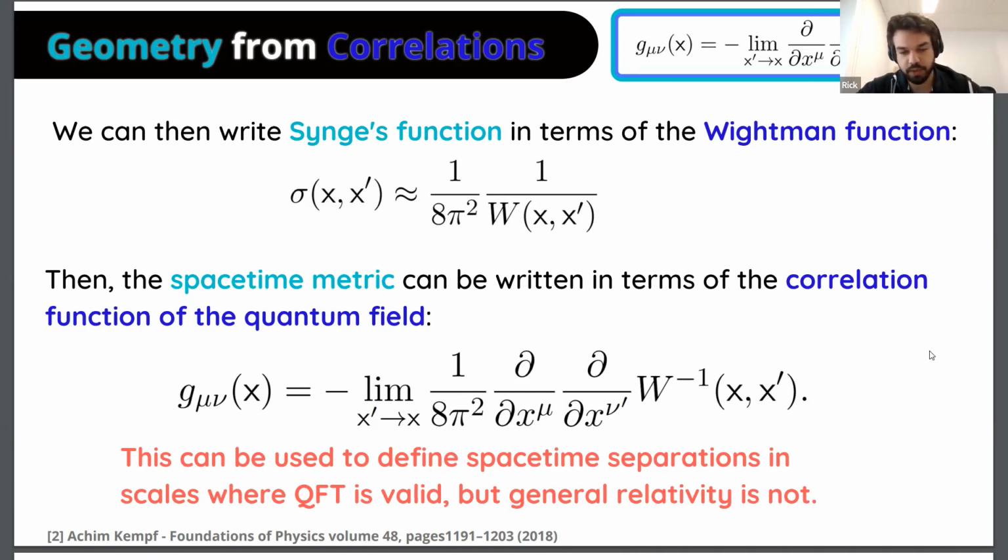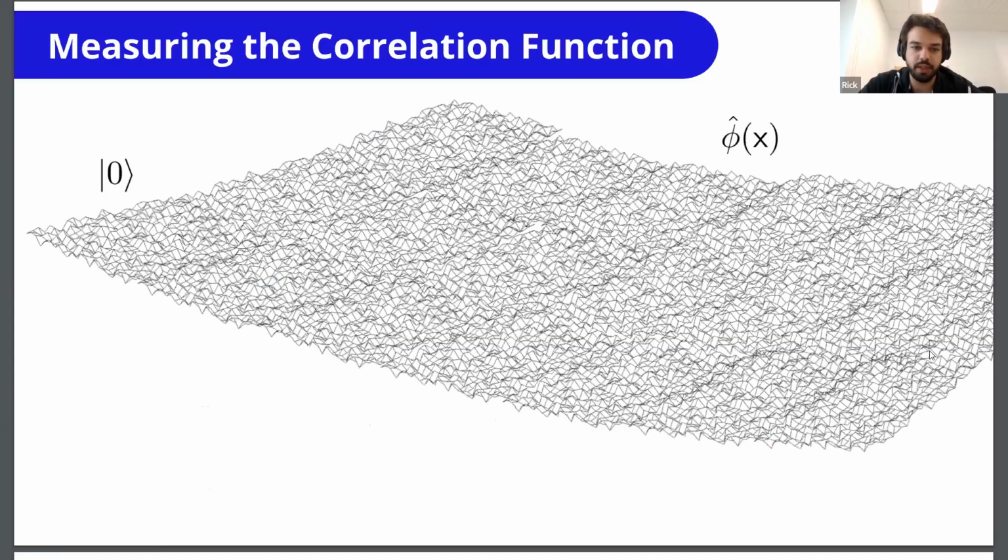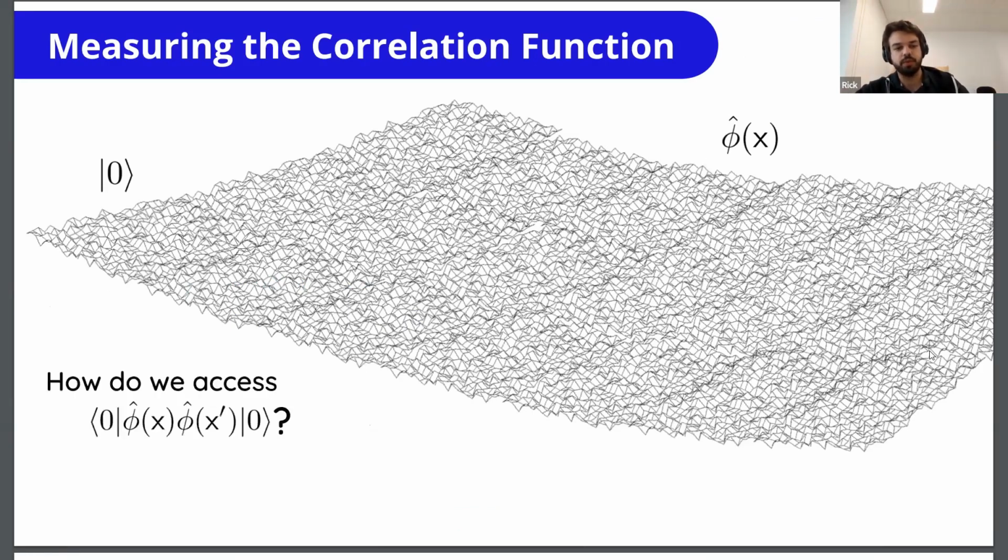But now, what we're interested in here is not only talking about the possibility of using the correlation functions to rephrase or define a notion of space-time separation, but how to actually access them. So the question we want to ask is how do we access the correlation function, and whether it's possible to recover information about the geometry of spacetime out of probing quantum fields.